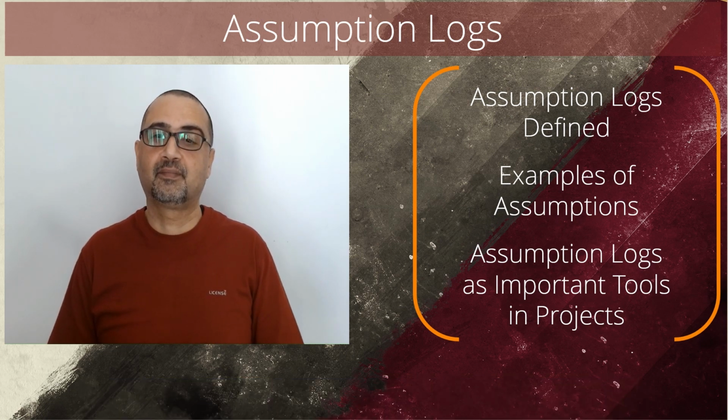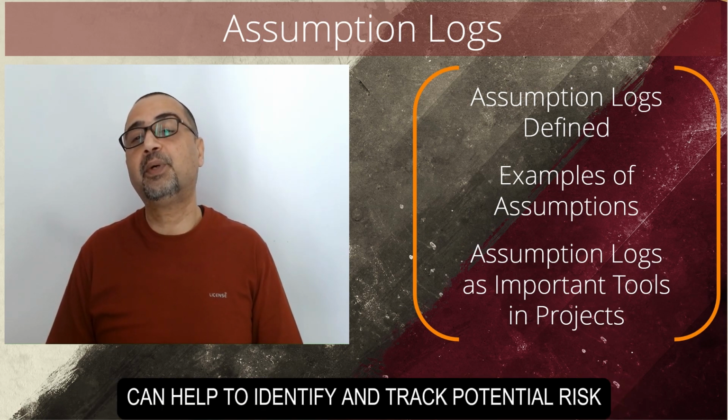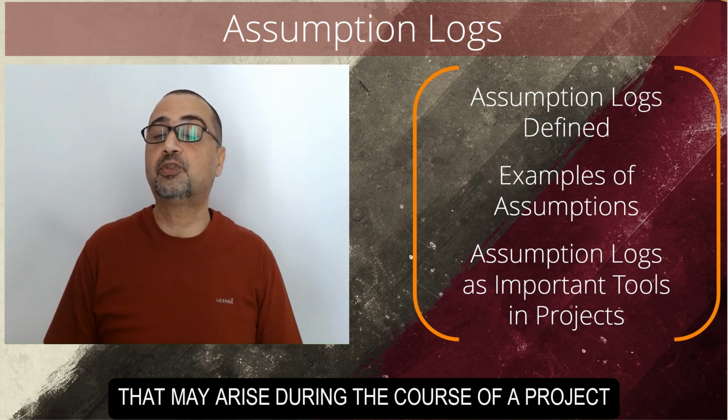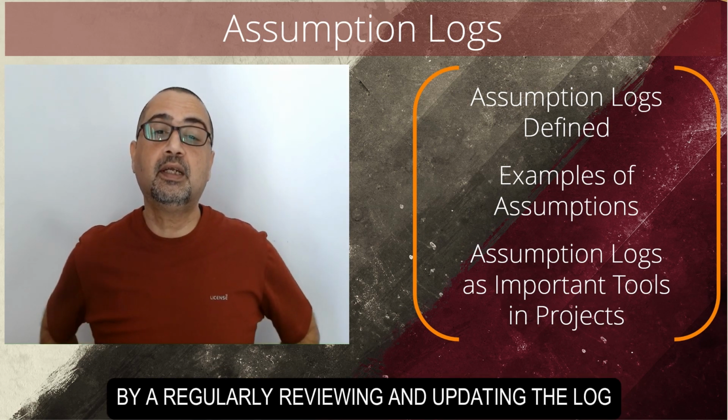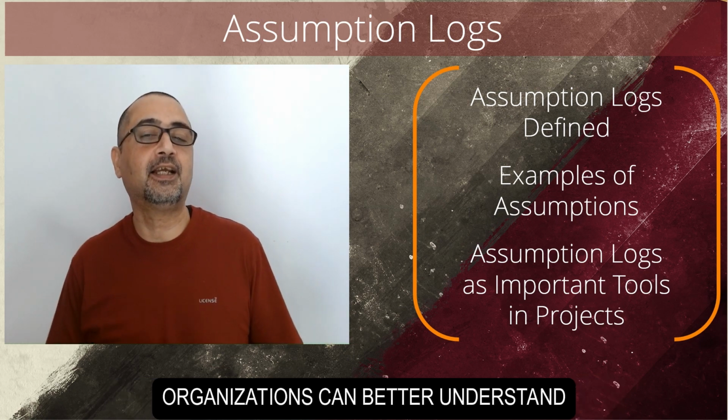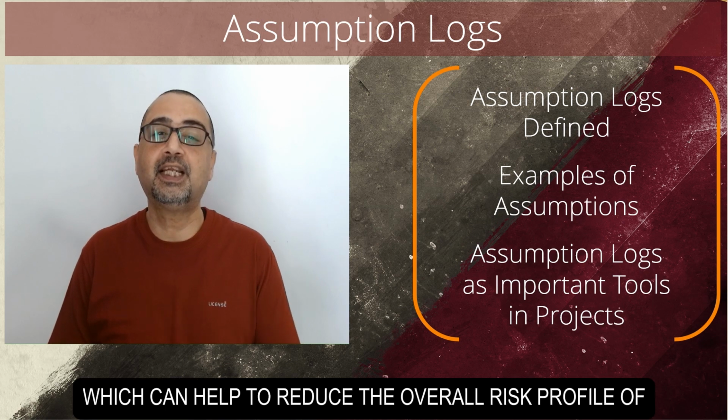Reducing risk. Assumption logs can help to identify and track potential risks that may arise during the course of a project. By regularly reviewing and updating the log, organizations can better understand and respond to these risks, which can help to reduce the overall risk profile of the project.